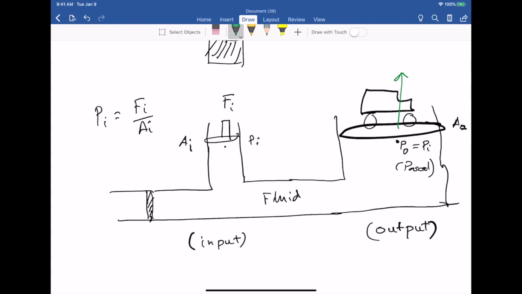You know the pressure on the output side, and you know the area on the output side, which is AO. So the force on the output side is going to be PO multiplied by AO. And PO is just equal to PI.